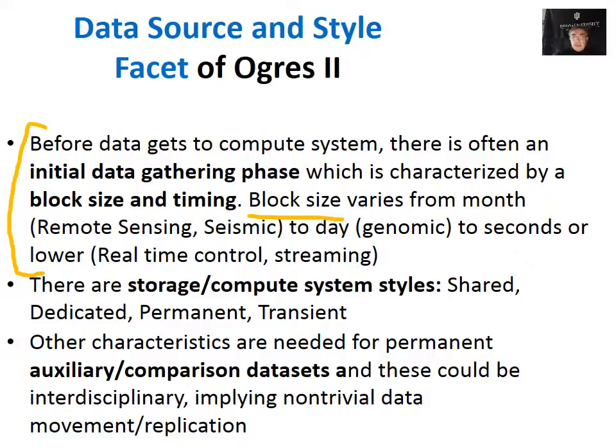You get similar things with genomics, where you may have a somewhat different time scale. Your sequencer runs for a day, and then you update with that information. We also have various styles, so shared storage, dedicated, permanent, transient.